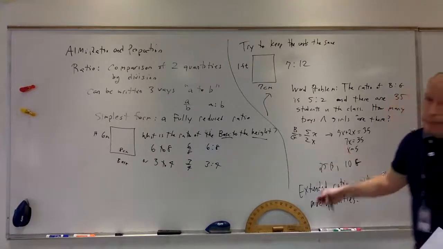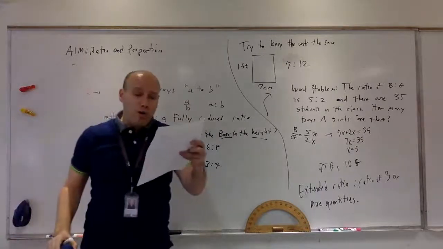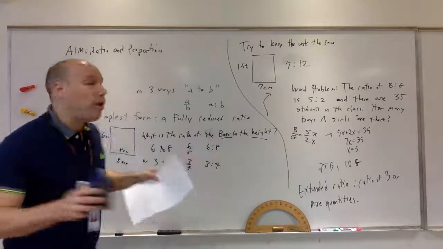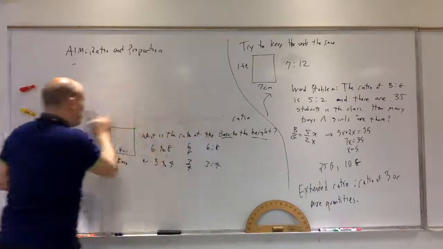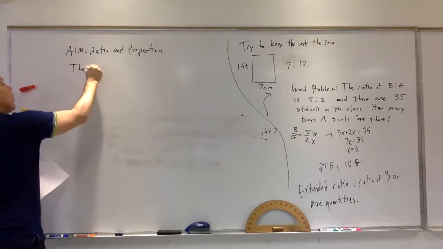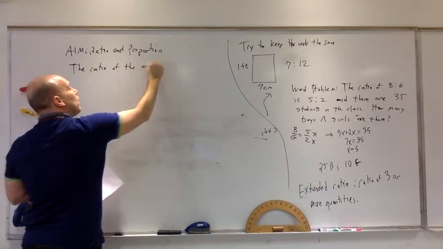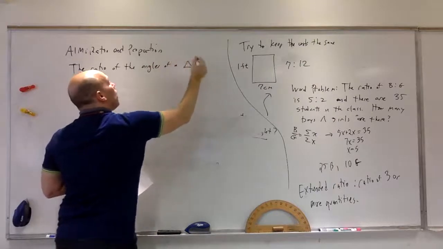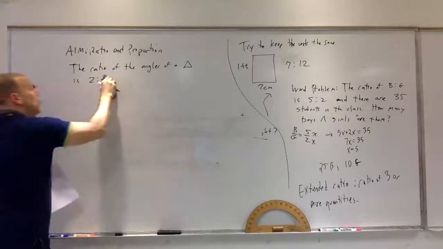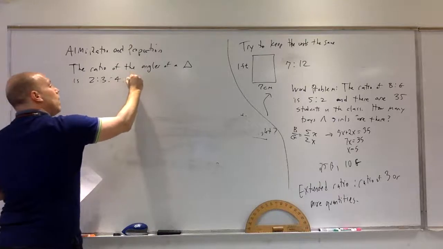For example, the ratio of the angles of a triangle is 2 to 3 to 4.